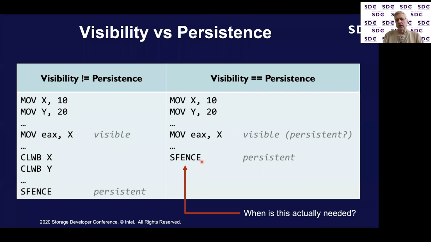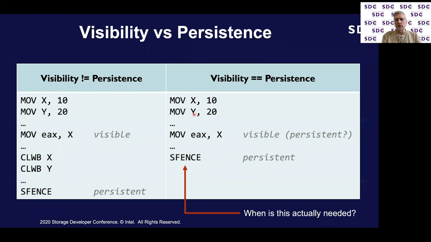So when in doubt, if you're not quite sure whether the code that you're doing is leaving something in a persistent state, put the fence in. But there are some cases here where you can technically leave the fence out. The easiest thing to do is actually just use a library like PMDK, where we've painstakingly gone through, figured out where the fence should be, and you benefit from all that work.